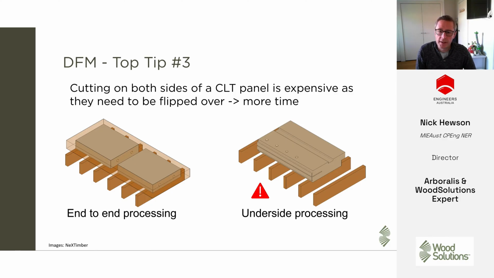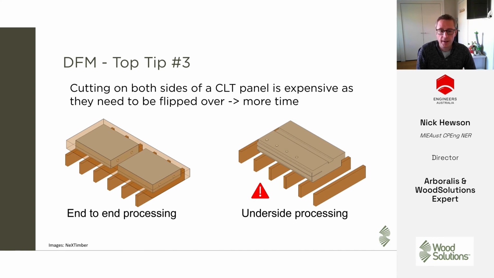As I said there, cutting to both sides of a CLT panel is very difficult. If you can design your details such that everything can be processed from one side, it's far, far more cost effective. The reason for that is every time you need to process something on the underneath, you have to take the panel off, flip it upside down, put it back on, recalibrate the machine.